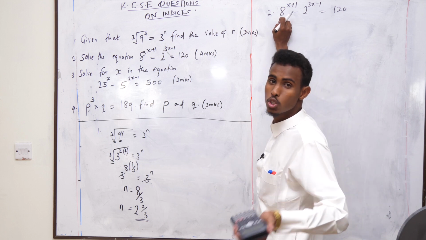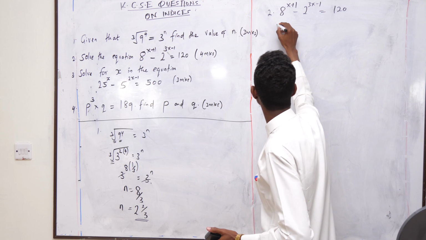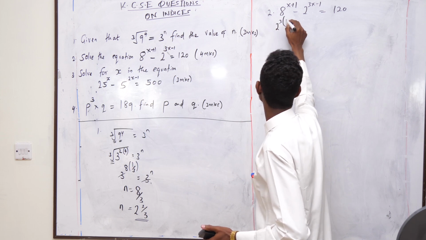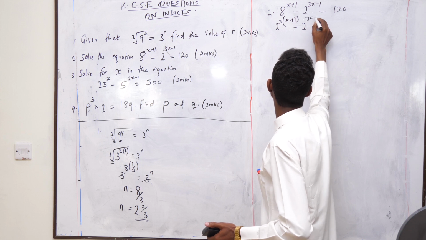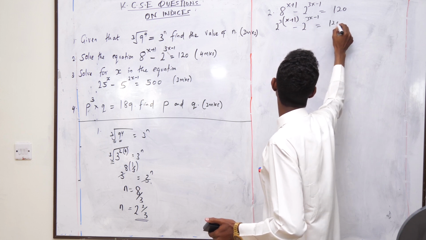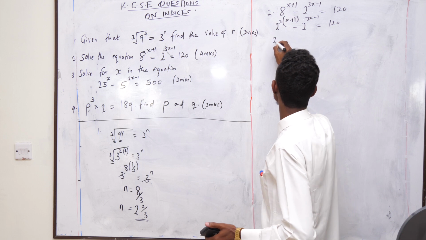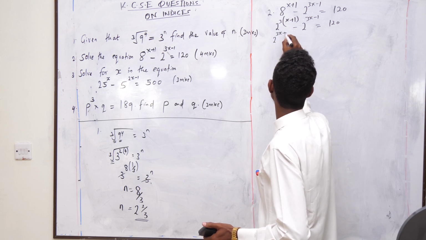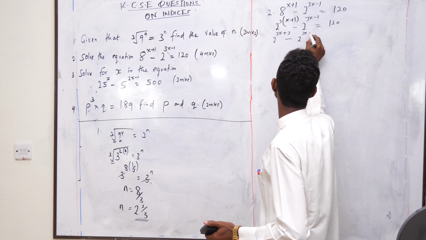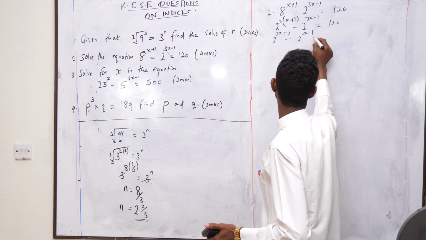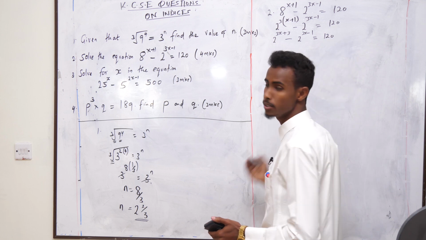This 8 to base 2 will be 2 power 3. It will be 2 power 3 into bracket x plus 1, minus 2 power 3x minus 1, is equal to 120. Open the bracket: 2 power 3x plus 3 minus 2 power 3x minus 1 is equal to 120.